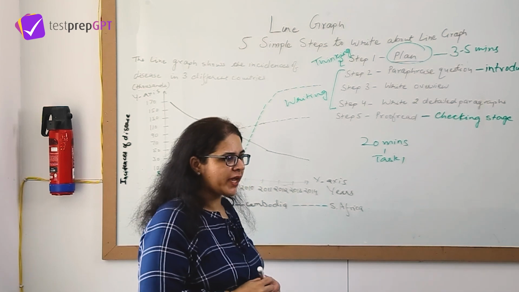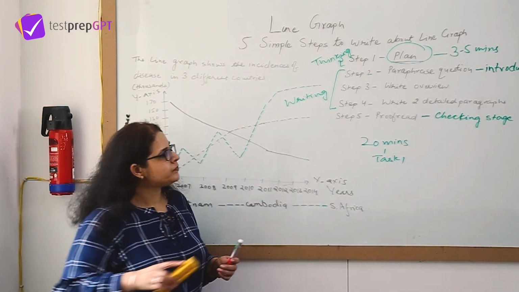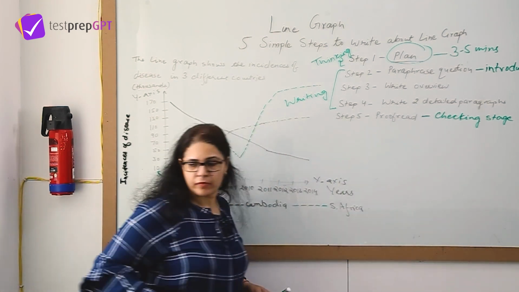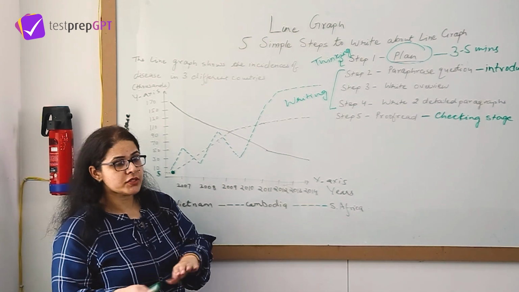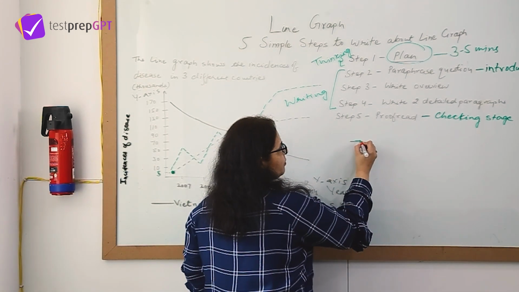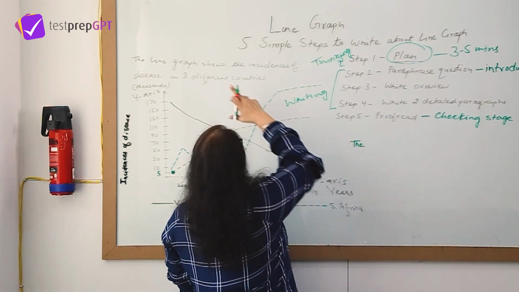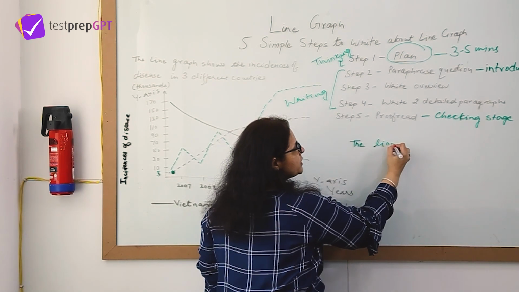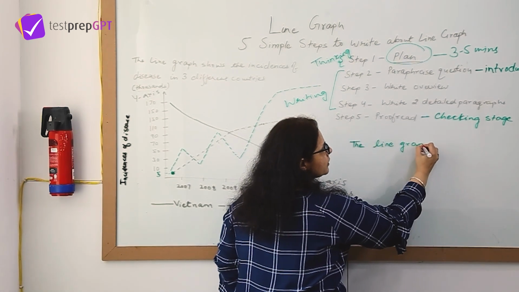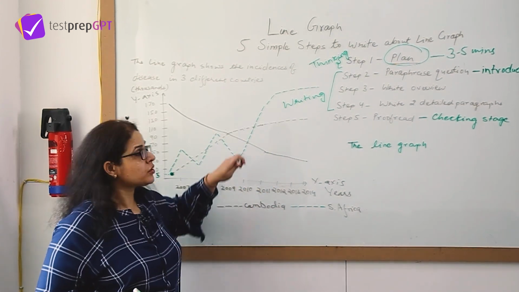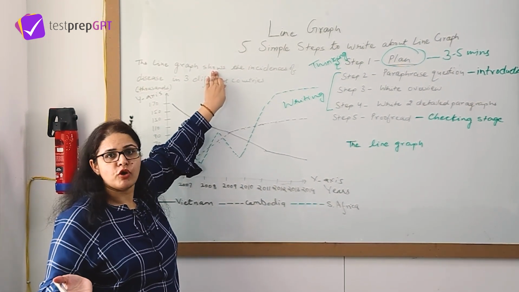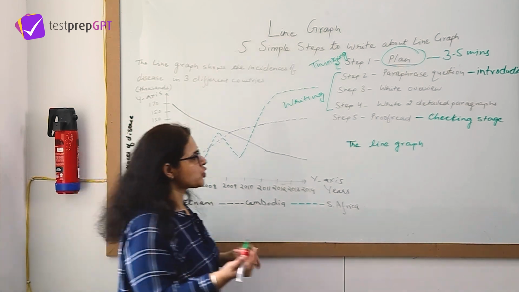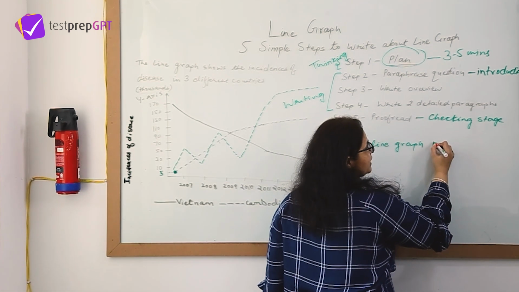So what are we going to write in the introduction? We are going to write the question itself, but in different words. You can keep the words the line graph as they are. We might change the verb shows to some other verb, which could be: the line graph illustrates.